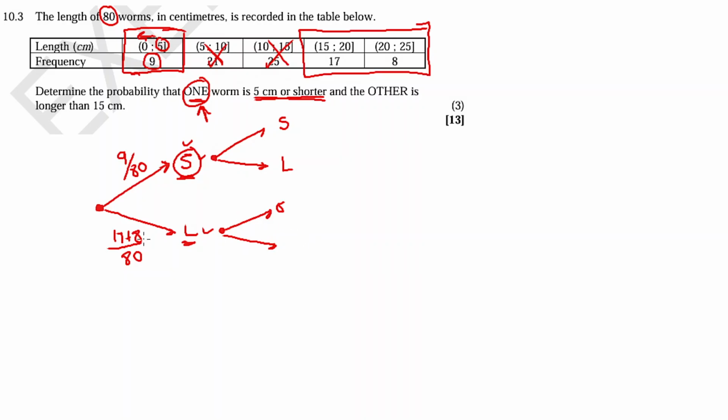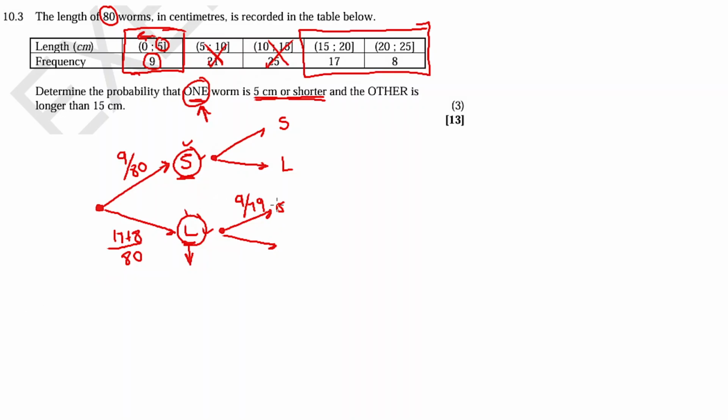Okay, so therefore for the shortest one it will be 9 over 79. Why? Because I already counted one that is longer than 15. I set it aside. I continue counting, but the number decreases. It's 79 instead of 80 because the longest one was taken out.